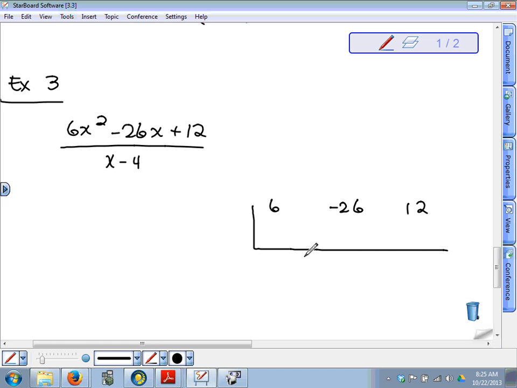Synthetic division only deals with coefficients, no variables, just numbers. The number that goes in front of the upside down fraction bar is what's called the critical value of the denominator. You might remember this back from our first unit. What would turn the denominator into 0? 4. That's called the critical value. So you put the critical value in front.